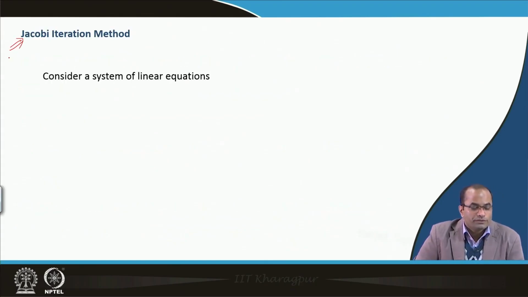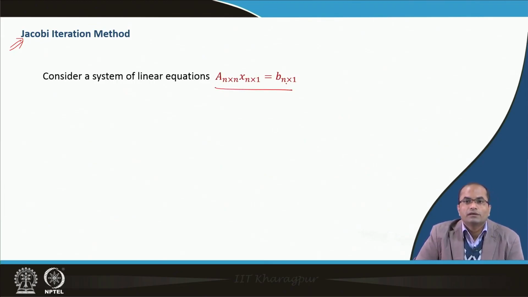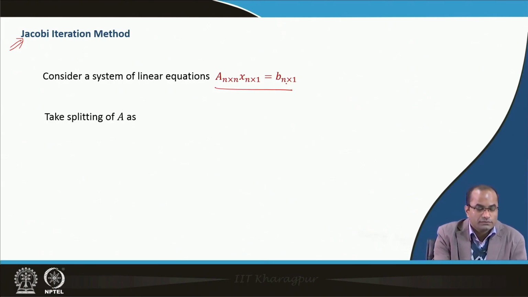Now, coming to the Jacobi iteration method, if we consider the system A x is equal to b, we can derive this particular type of iteration method.